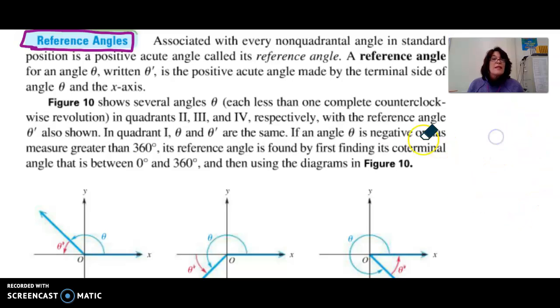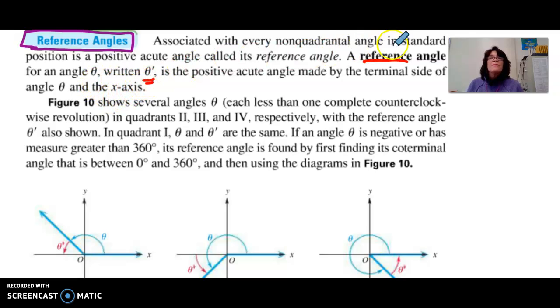We're talking about reference angles. Think about reference. If you need a reference, what that means is something to refer to, right? Okay, so a reference angle. Notice the notation. They're going to put theta prime. It's not the exact angle, but it's the angle that we refer to in order to find its sine, cosine, etc. Okay? The reference angle is different dependent on which quadrant the actual angle is in.